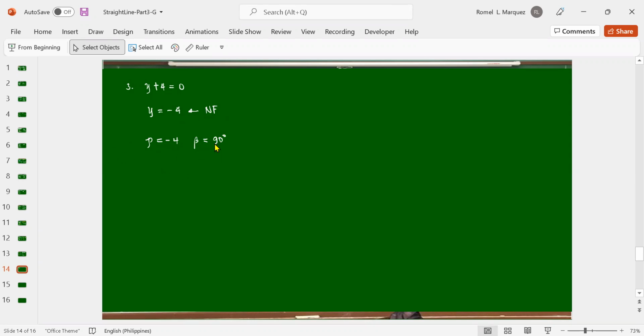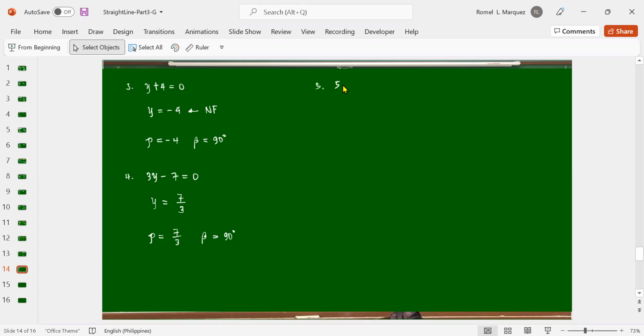If horizontal line, beta is 90 degrees. If I have 3y minus 7 equal to 0, y therefore is 7/3. So it means it is above the x-axis because P is positive. How far from the origin? 7/3. And our beta is still 90 degrees. Okay, guys?